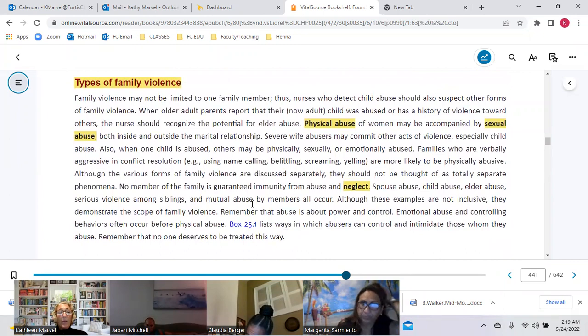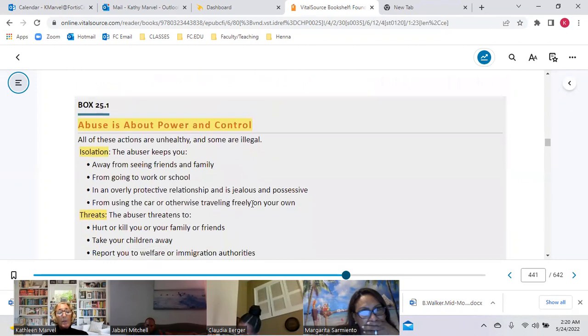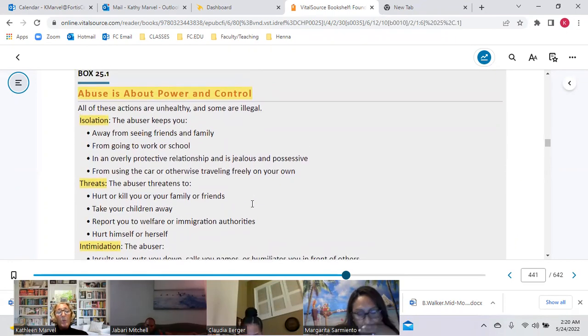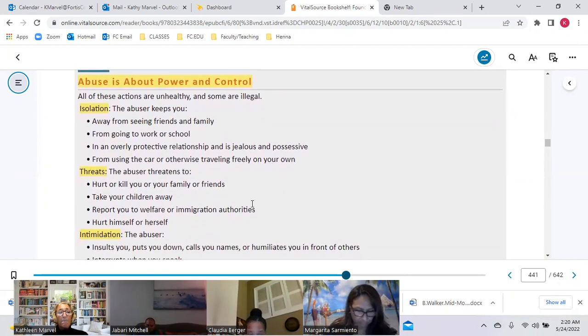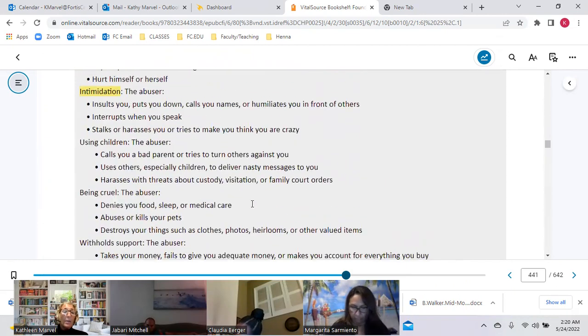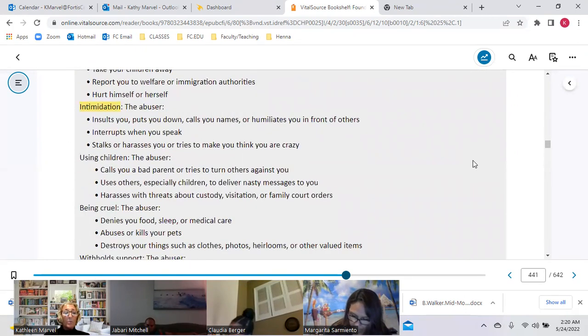Types of family violence: physical abuse, sexual abuse, neglect, intimate partner violence. And this is a very interesting box, 25.1. Abuse is about power and control. I don't need you to memorize this entire box, but I'd like for you to know the headings here: abuse, isolation, threats, intimidation.